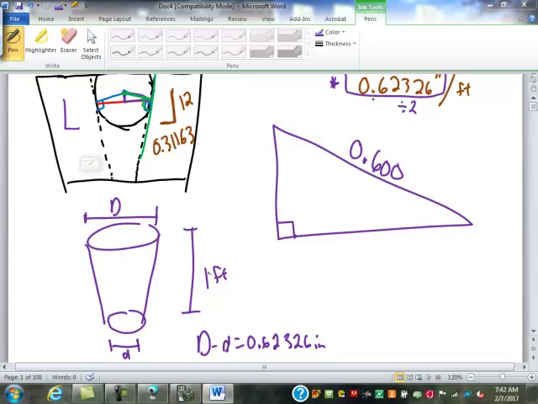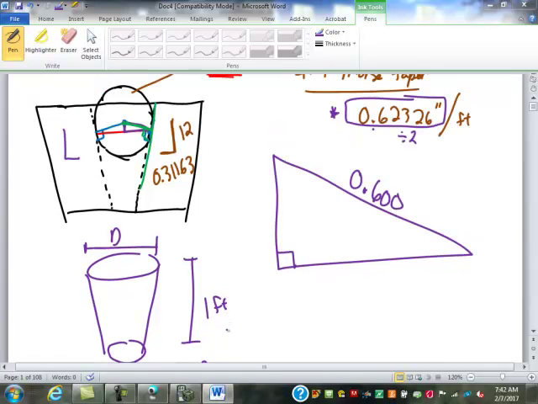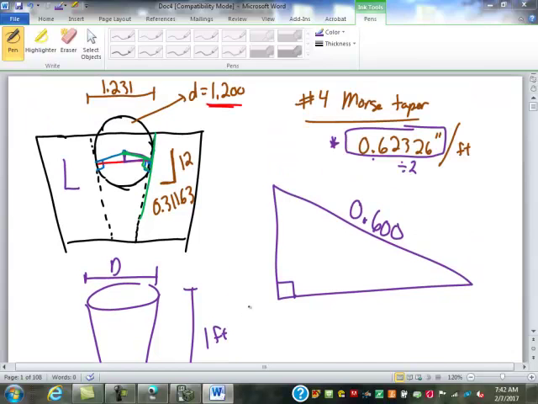But then half of that goes to each side. Half of that goes to each radius. That's why I divide it by 2. So that means, since this is perpendicular to that, this has an aspect ratio of 0.31163 to 12.